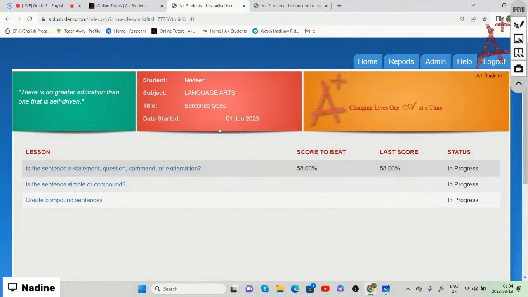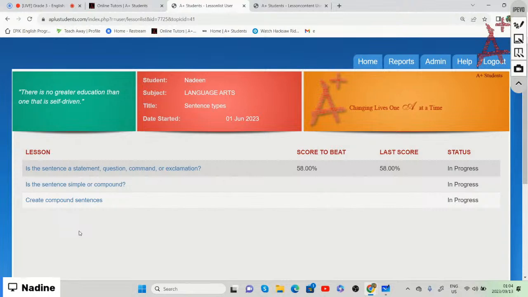Under the chapter, we're going to be focusing on the lessons: is the sentence a statement, a question, a command, or an exclamation? Is the sentence simple or compound? And we are going to create compound sentences. So that is going to be our 3 focus lessons for today under the chapter of sentence types.